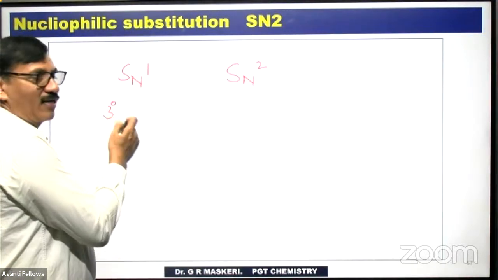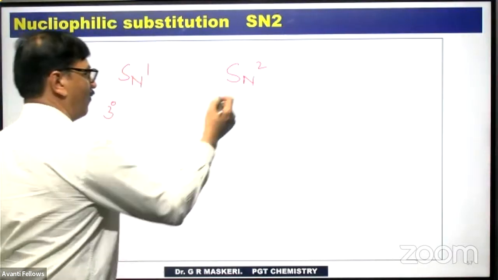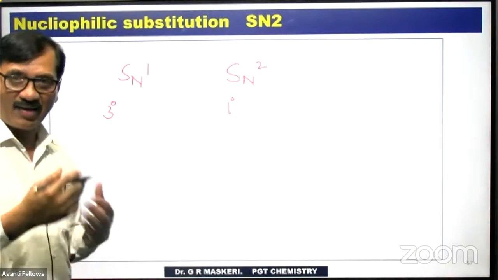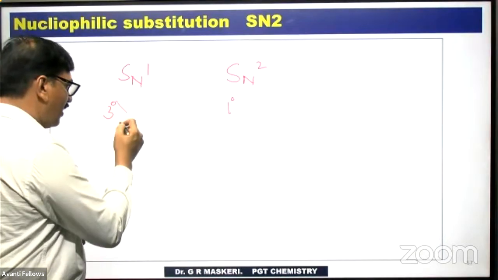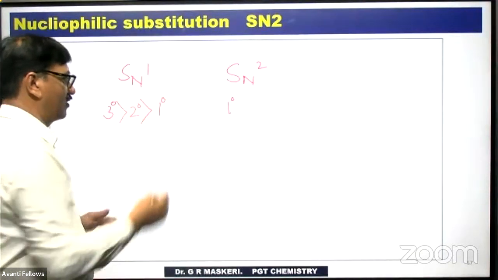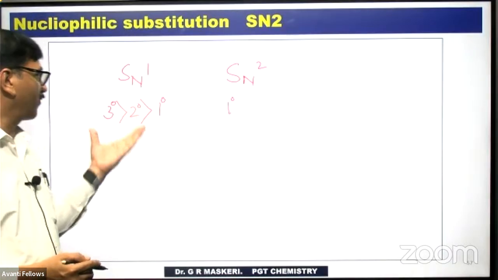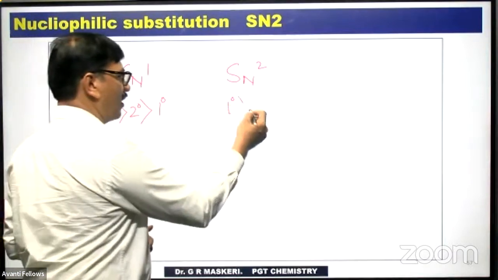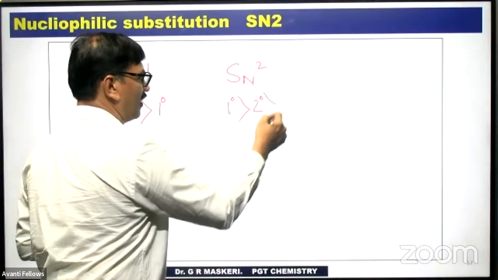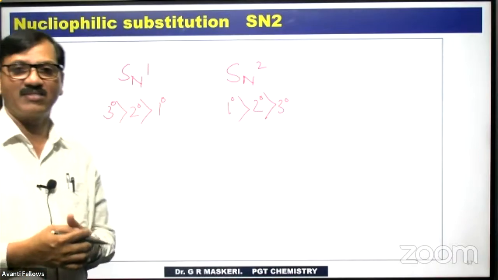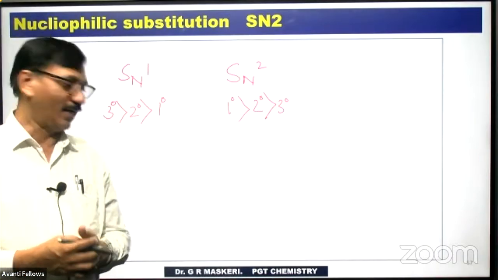Tertiary halides undergo SN1, whereas primary halides will undergo the SN2 path. In comparison, tertiary, secondary, primary is the order of preference for SN1, right? Here, primary greater than secondary greater than tertiary, this order is followed for the SN2 path, right?